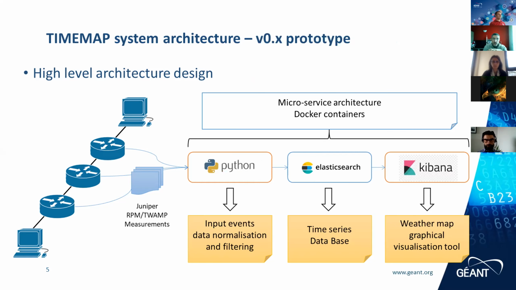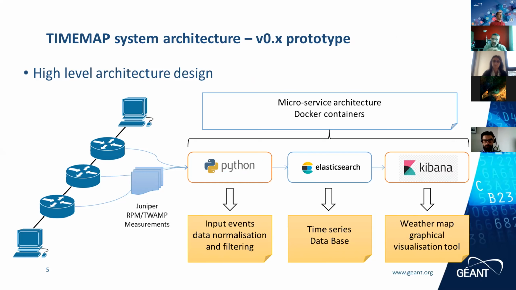So the first implementation was based on Docker containers, and we inherited from other teams some tiny Python scripts that took care of querying Juniper routers, in particular the RPM subsystem, to get latency and jitter through SNMP.